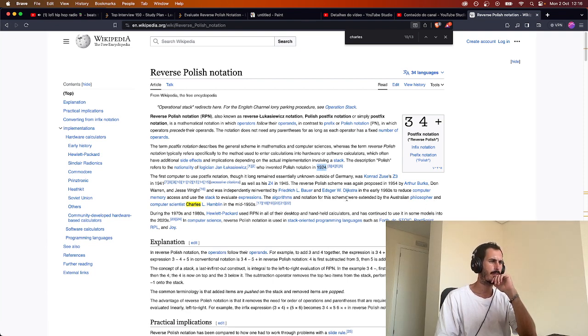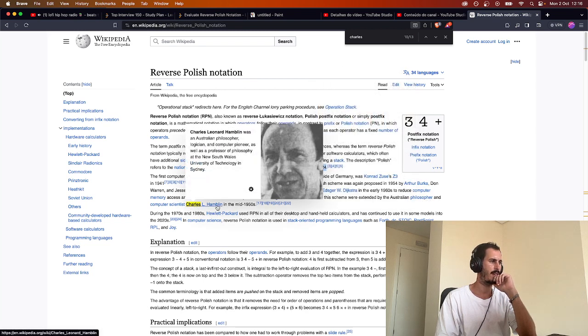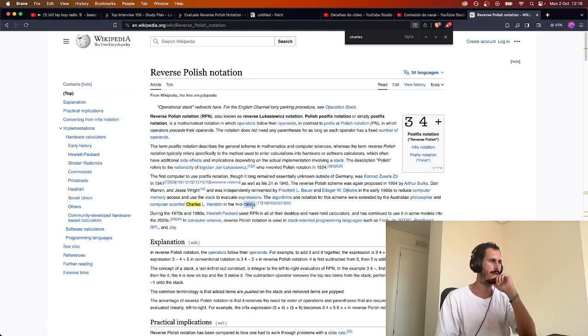Oh. The notation for this scheme was extended by the Australian philosopher and computer scientist Charles L. Hamblin in the 50s. So I guess it was invented by Jan, and then it was also developed by Charles.